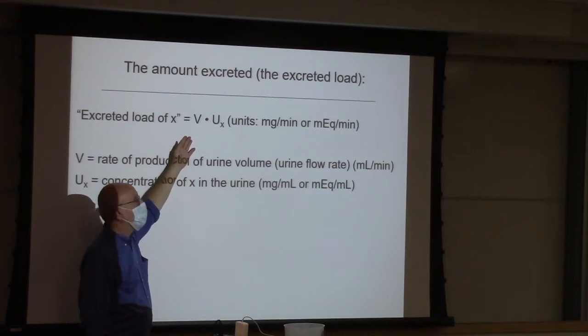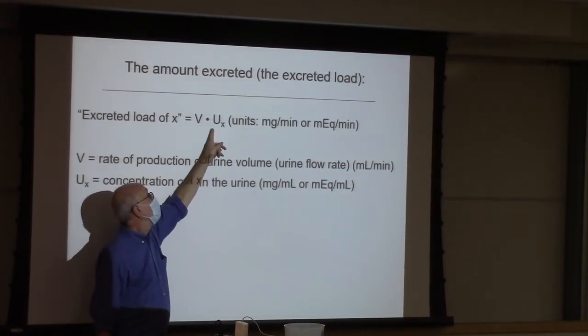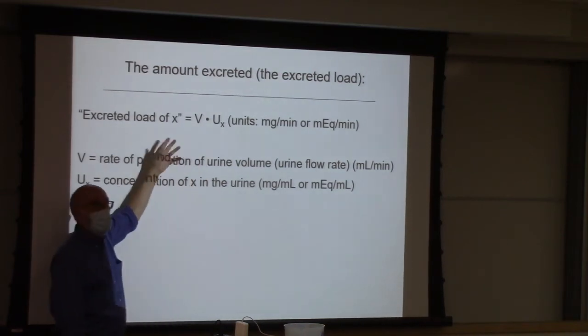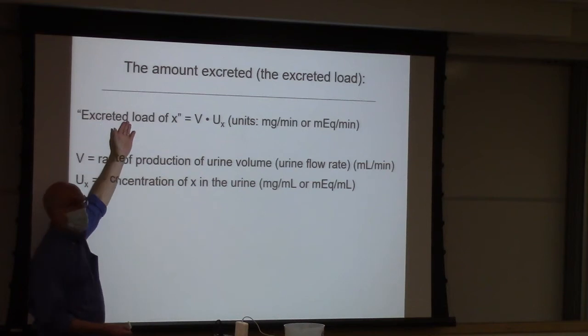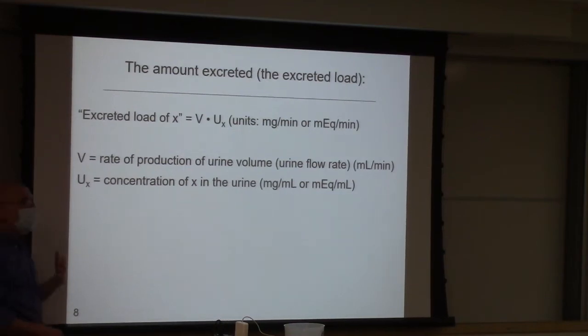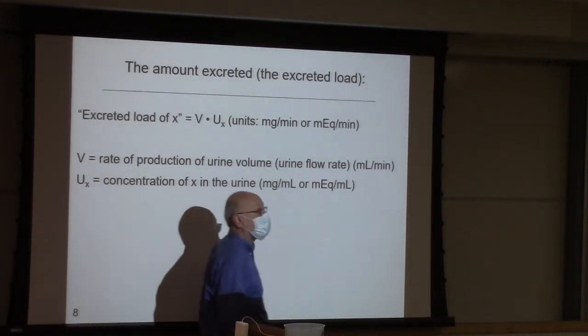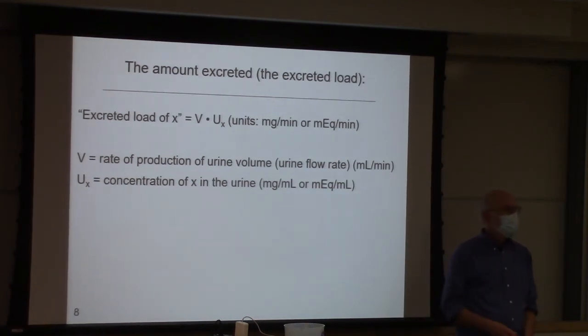Volume of urine, mils per minute, times the concentration of something in the urine gives us the amount that's excreted in milligrams or something else per minute, and that's the excreted load. So these are the terms that go in there. Okay, so I will ask you to know these equations for the quiz. This will be on the quiz. Or it could be on the quiz.